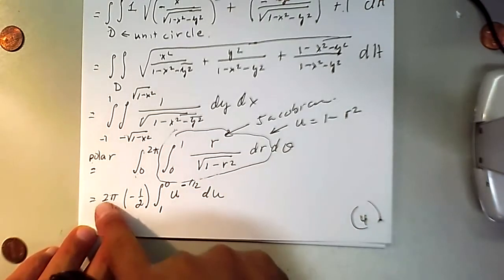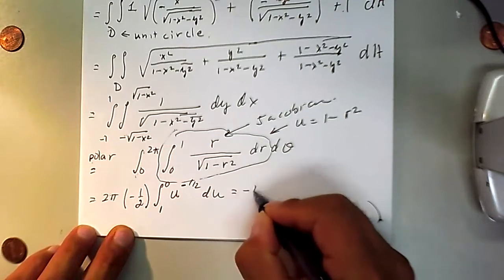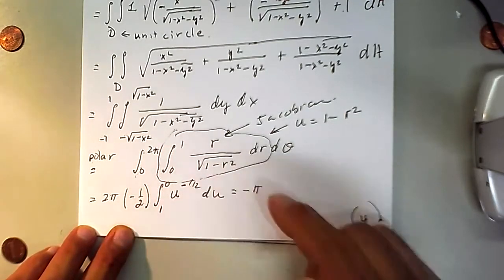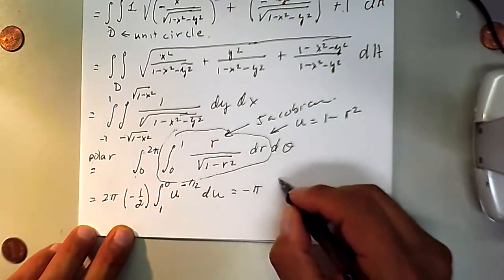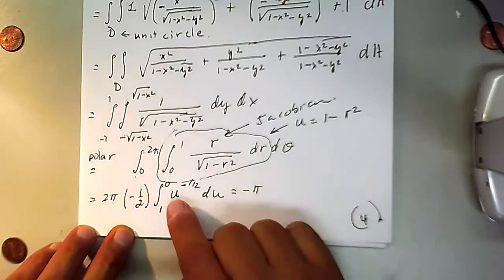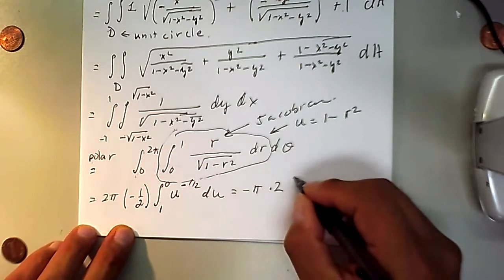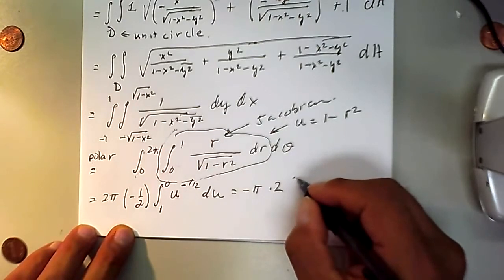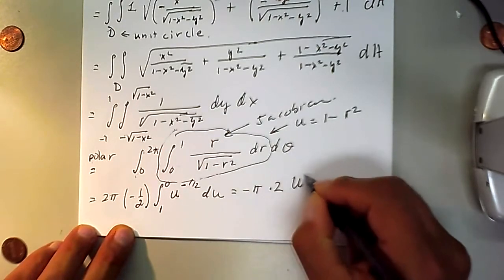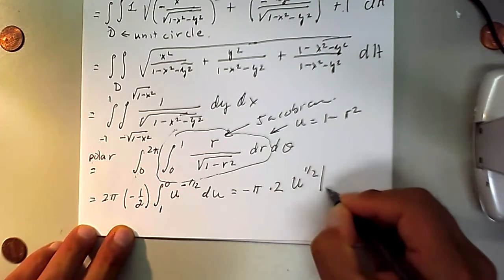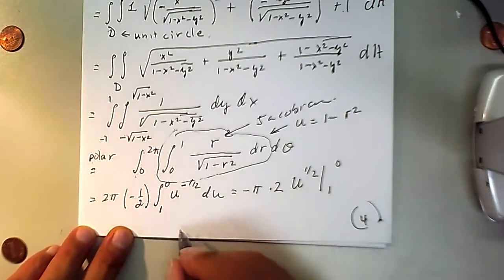So the 2 and the 2 cancel. We end up with negative pi. The negative doesn't cancel, at least not yet. And then we have u to the 1/2 over 1/2, so times 2. And then u to the 1/2 from 1 to 0.